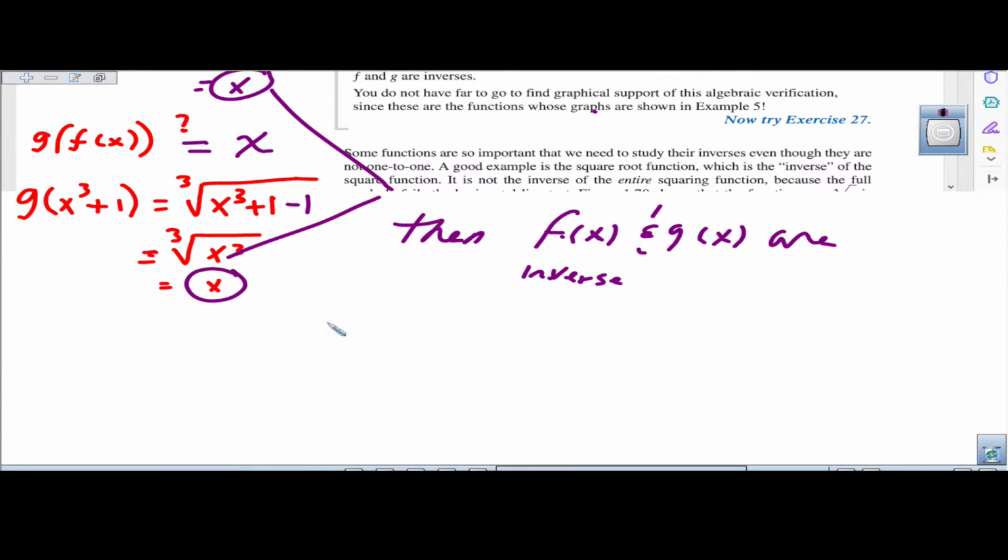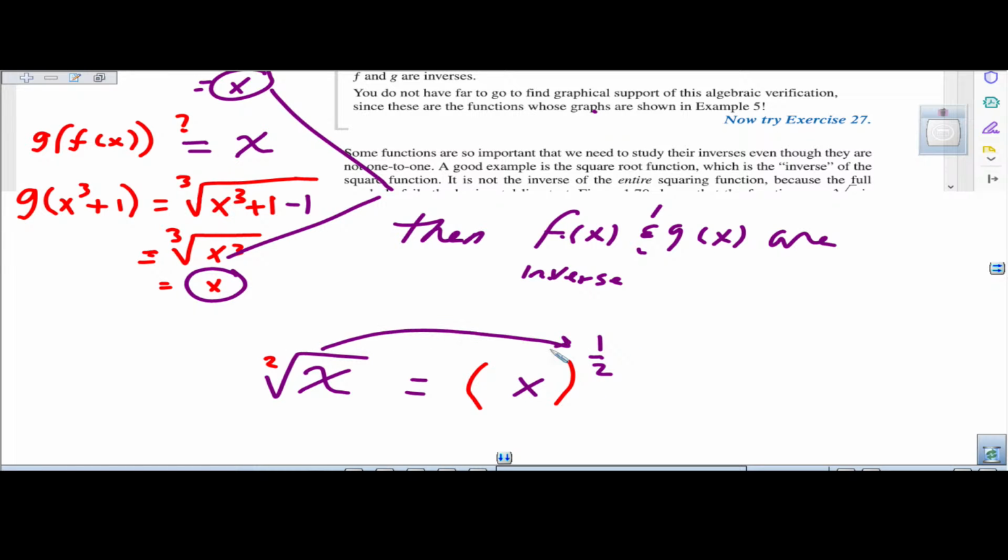I'm glad you asked. So let's say I have x squared. Well, the square root is a hidden 2 here, right? This is exactly the same as x raised to the 1/2. So the square root is a power, an exponent, but a fractional exponent.